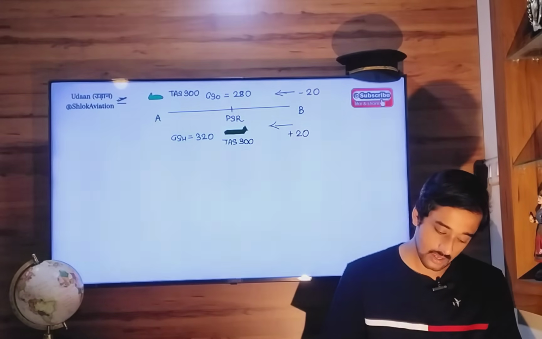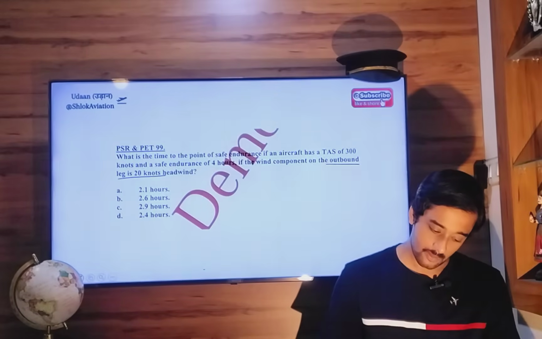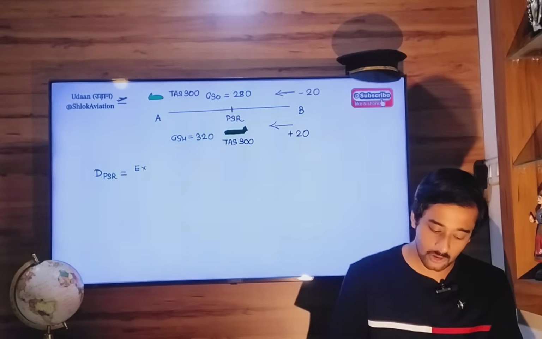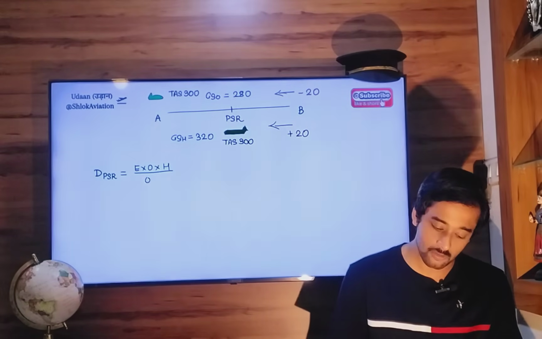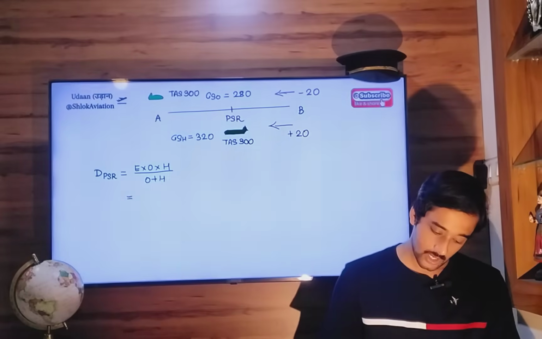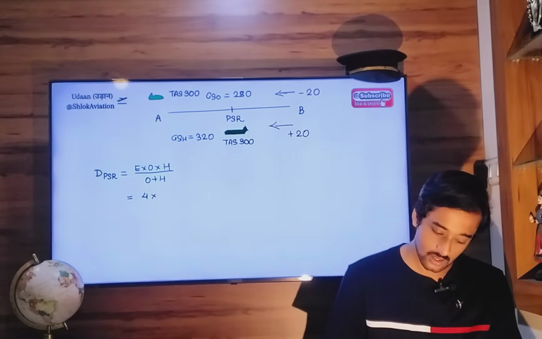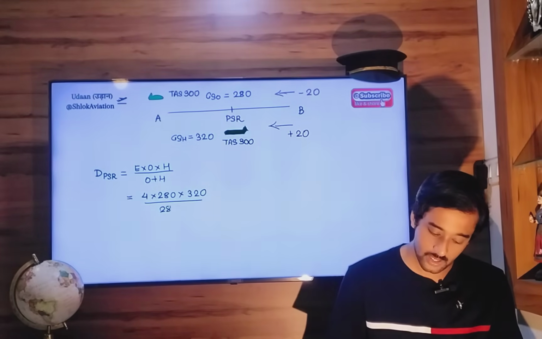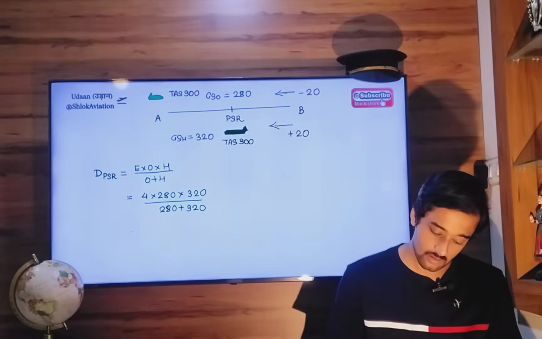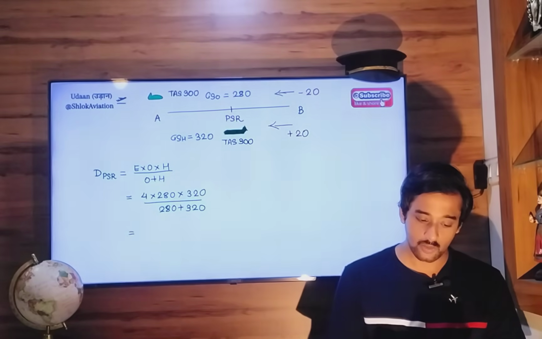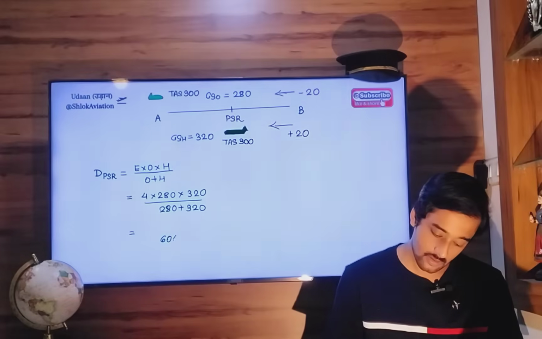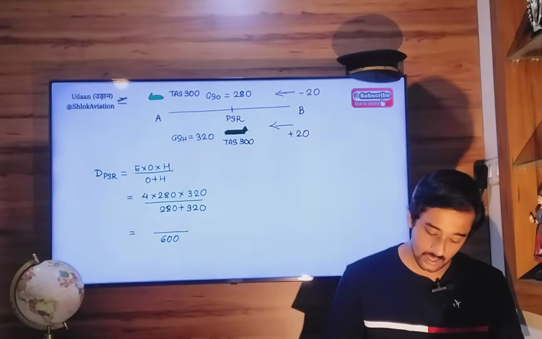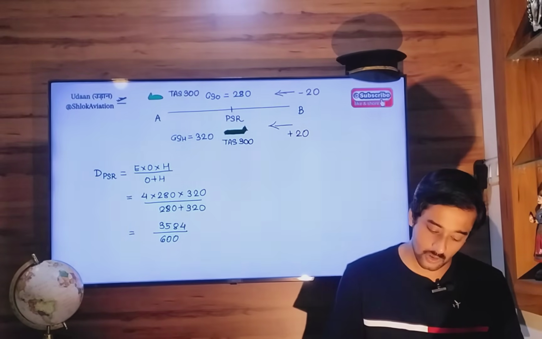Next step, distance to the point of safe return. Endurance into outbound into homebound divided by outbound plus homebound. Endurance is 4 hours, 280, 320 divided by 280 plus 320. So 280 plus 320 is 600. Numerator 4 into 280 into 320, 358400.